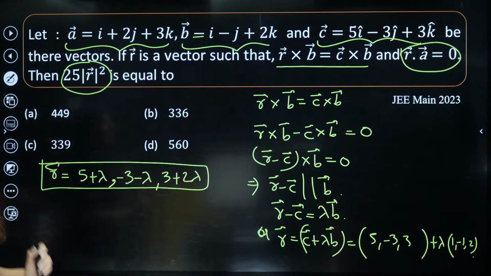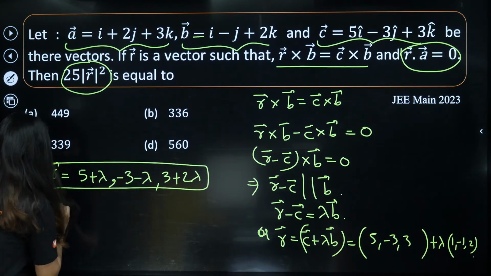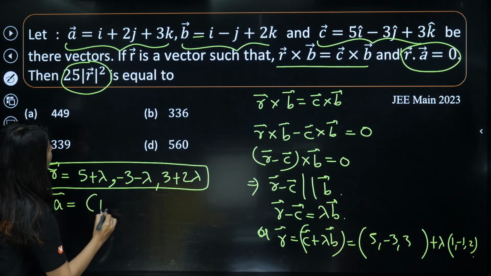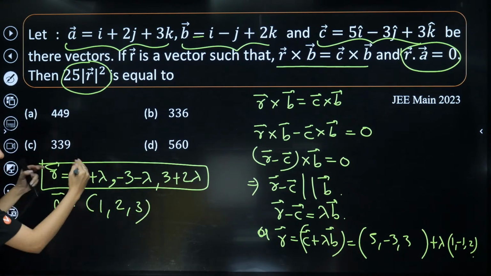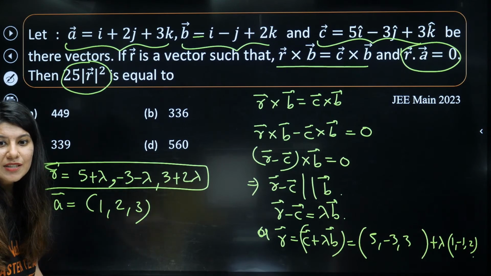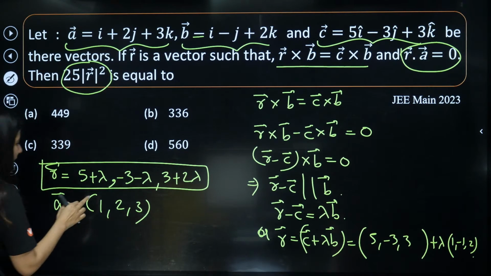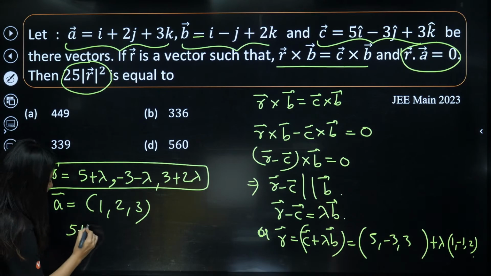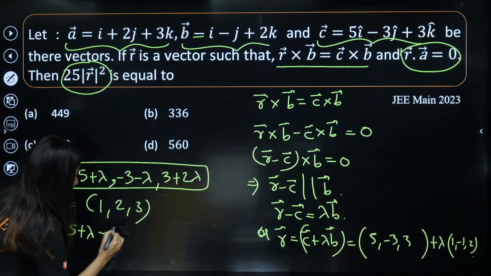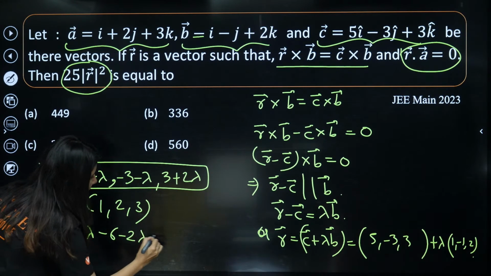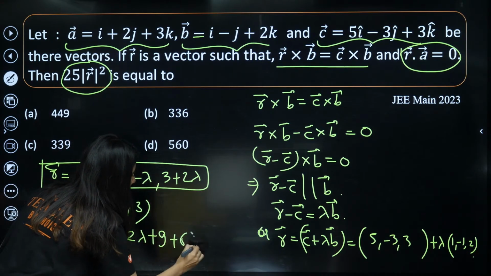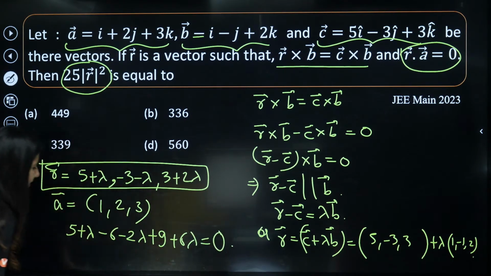So r dot a is equals to 0. R vector we have, a vector we also have, (1, 2, 3). Can you take the dot product and equate it to 0? We are done, right? So basically (5 + lambda) minus (6 + 2 lambda) and 3 times 3 is 9 plus 6 lambda is equals to a big fat 0.